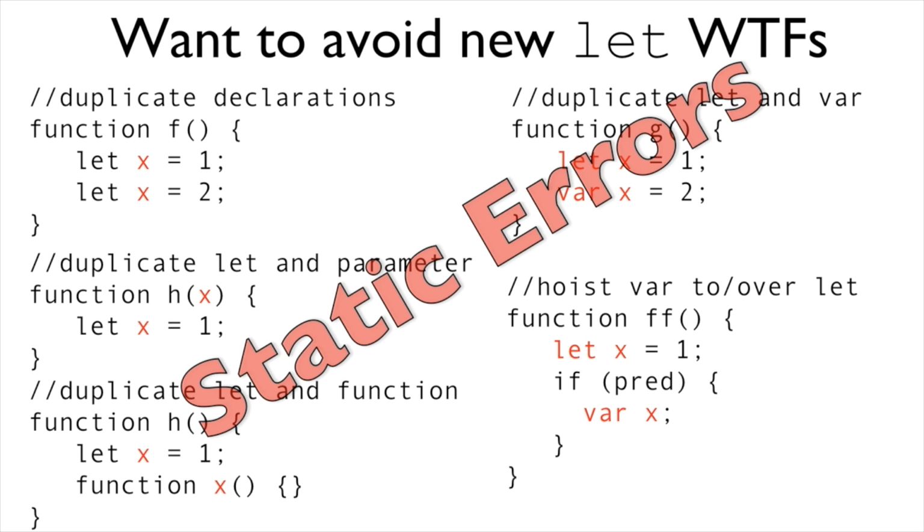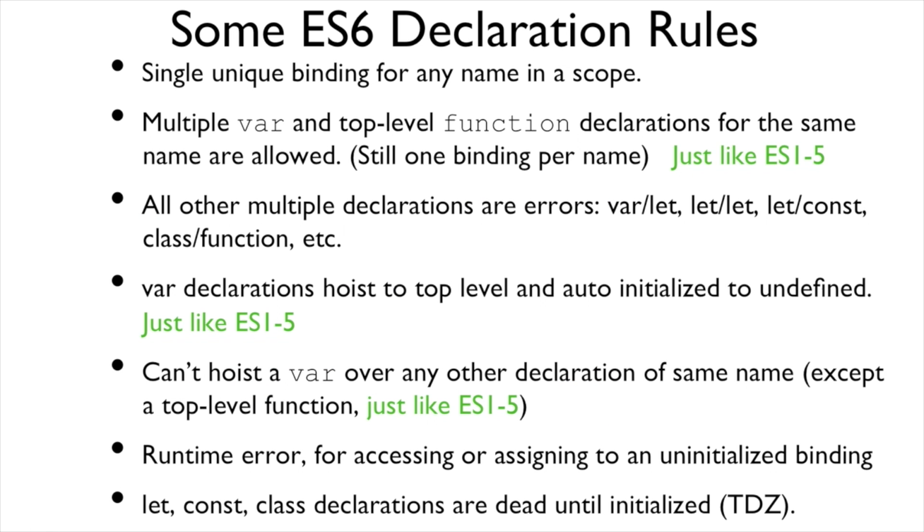As we introduced all these new declarations, we had to define rules for what the error cases were, as a way to eliminate all these issues. So ES6 basically has a set of rules, a set of really principles for declarations that we ended up having to articulate to explain how declarations work in the language.